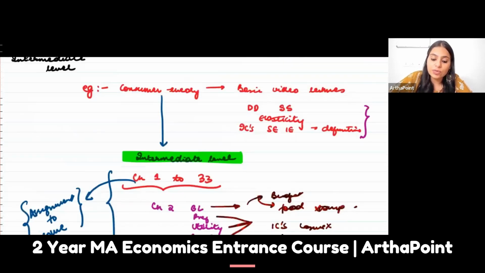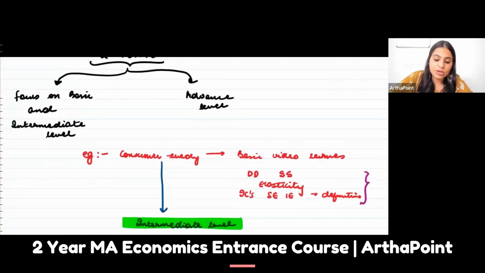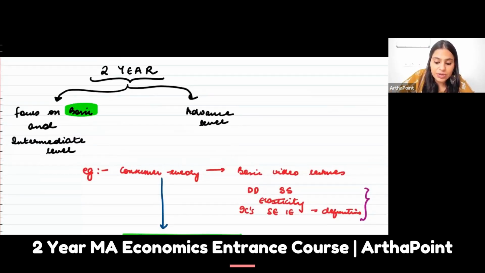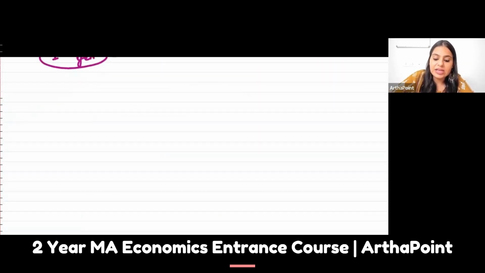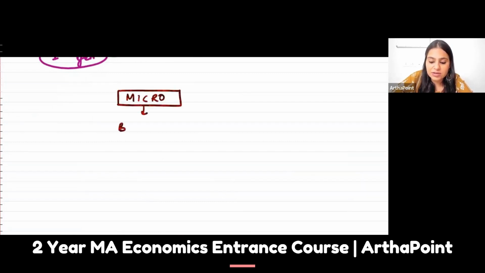So what you have to do is, to begin with, you have to start with the basic videos, one subject at a time. Currently we are beginning with microeconomics. In microeconomics, we have basic and we have intermediate. The aim should be that this basic should be covered in the next 1 month.